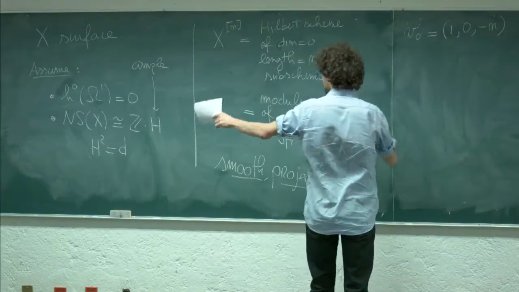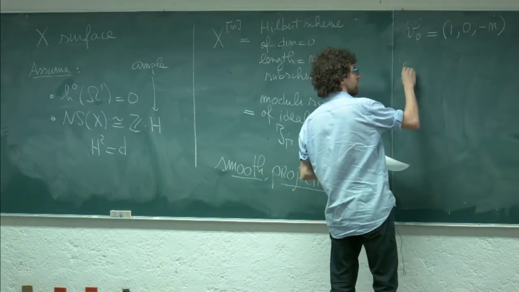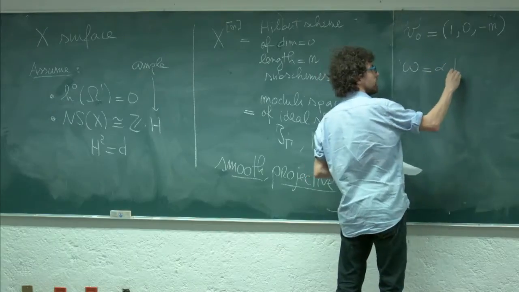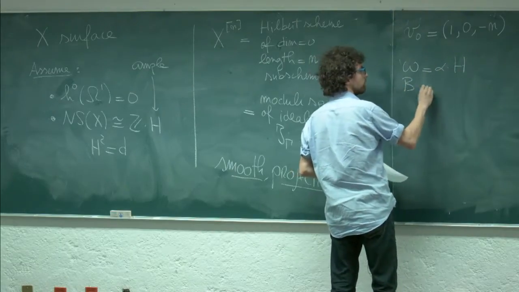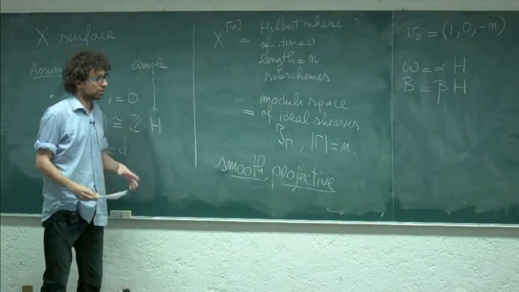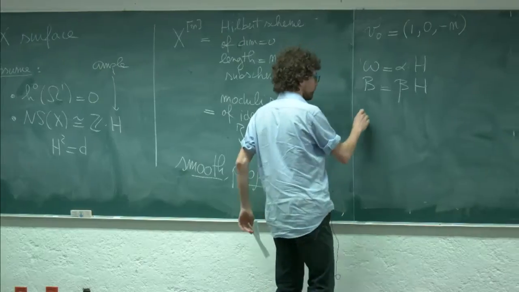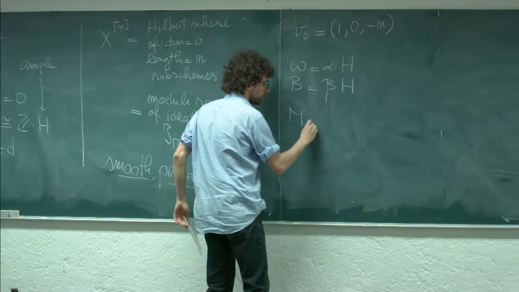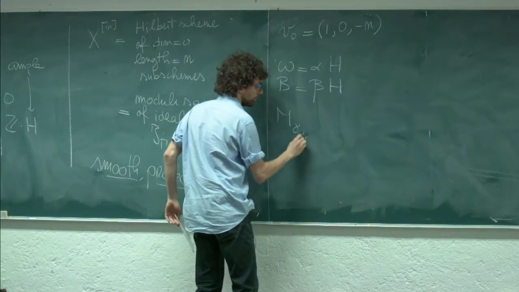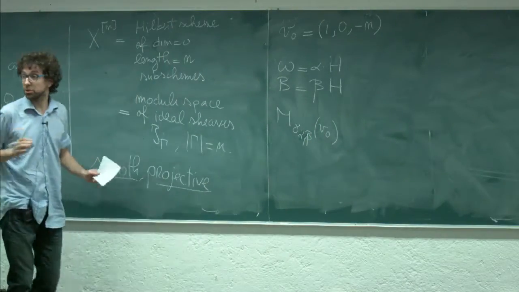In the notation as before, the game I'm playing is I take ω as α times H, and B as β times H, so that's my α-β plane. Here I don't have any choice, but still it's something. And I'm looking at the moduli space of σ_{α,β} with vector v_0.